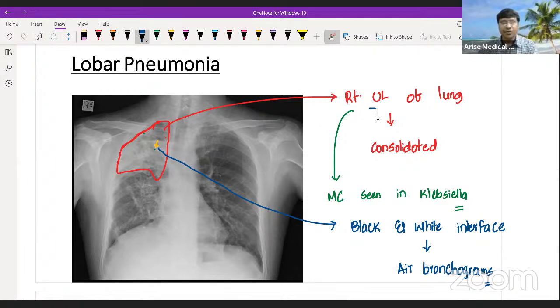And the right upper lobe is commonly involved in patients with Klebsiella pneumonia.